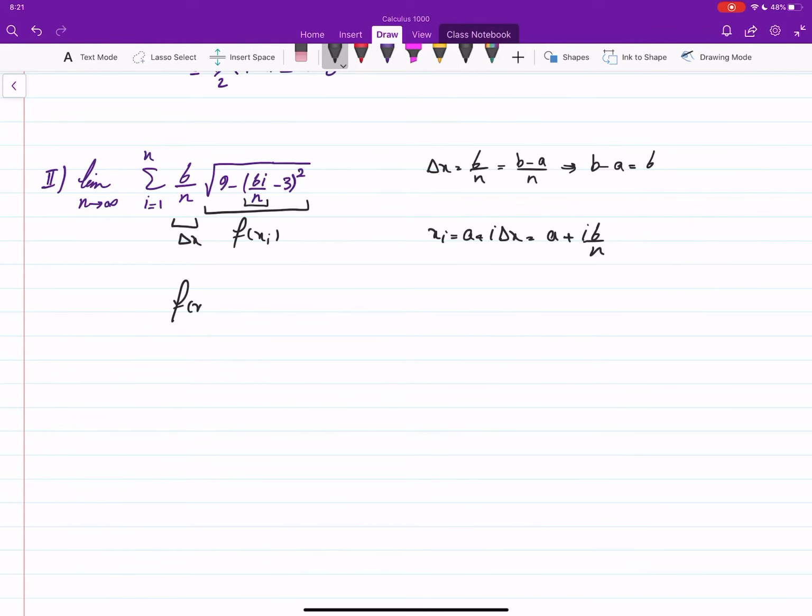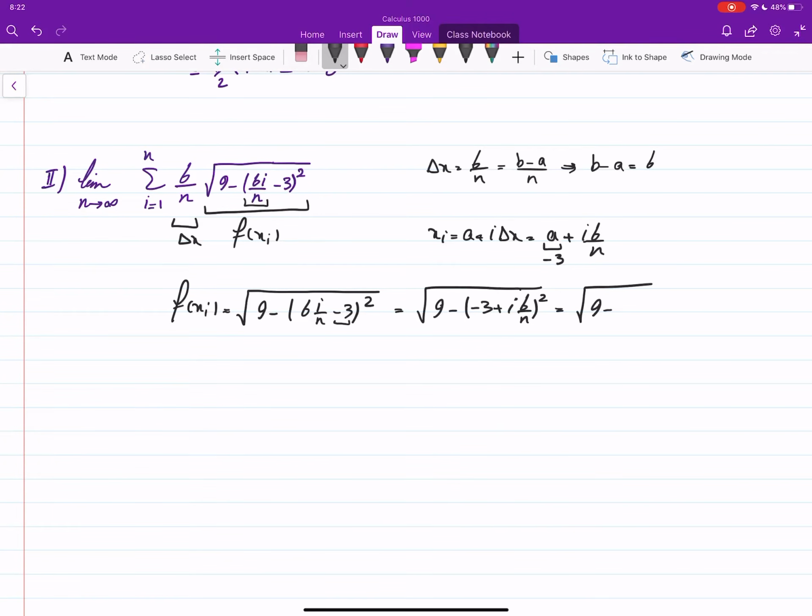So f of xi is root of 9 minus, 6i over n minus 3, squared. Well, you say, where is a? Actually, it is here. I can rewrite this thing as negative 3 plus i times 6 over n, which tells me, okay, if I set a to be negative 3, this is 9 minus xi squared.